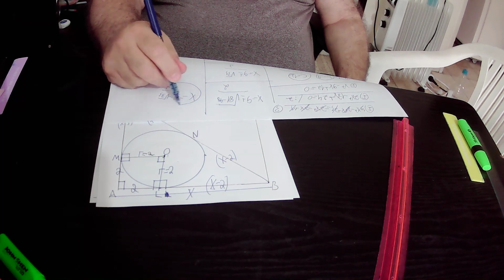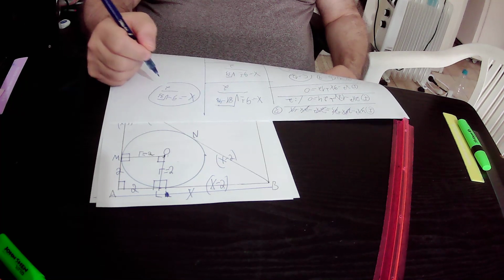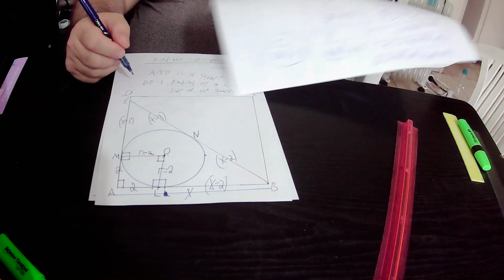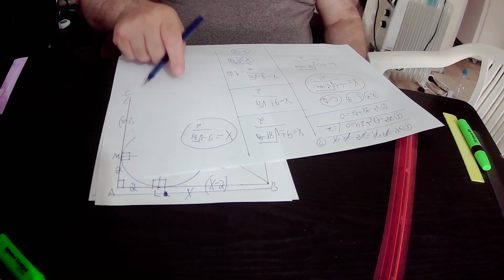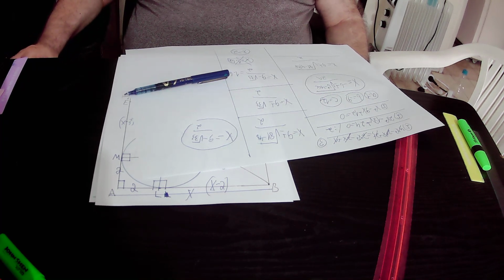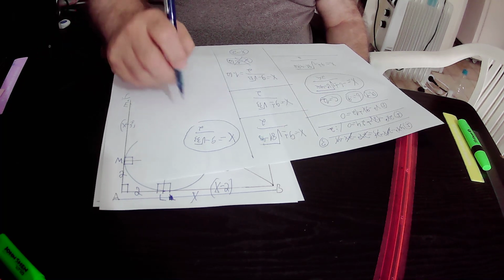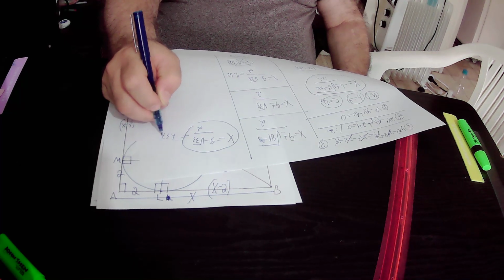Okay, so the solution to the question is that x, which is one side of square ABCD, is equal to 9 plus the square root of 33 over 2. That is about 7.37. It is equal to 7.37 units.